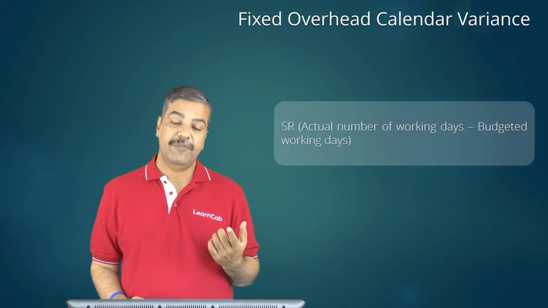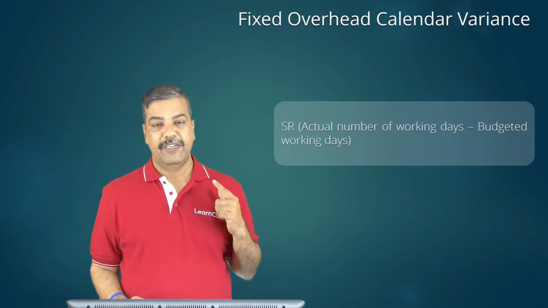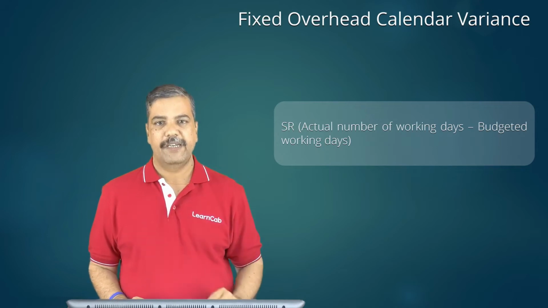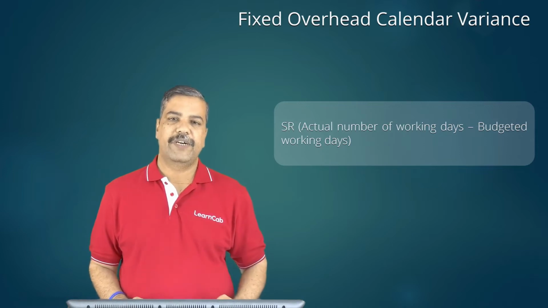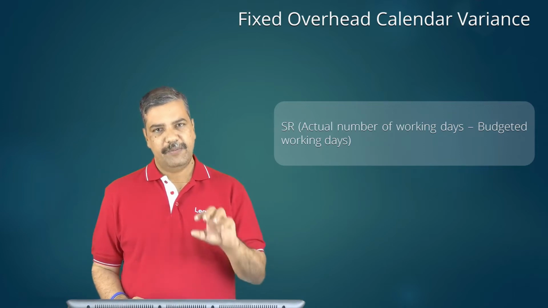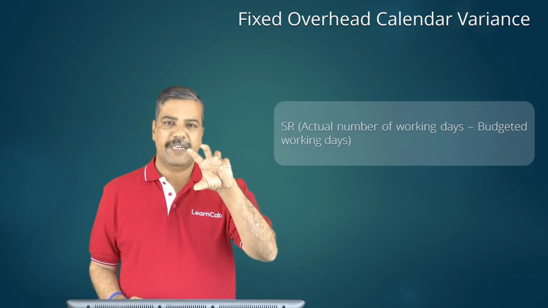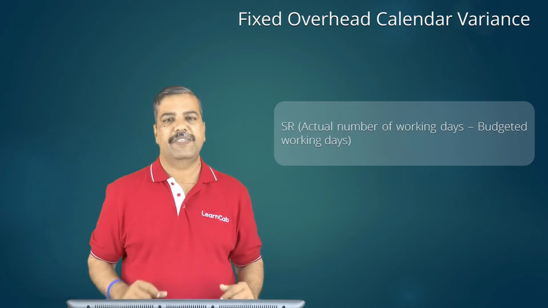So is there any possibility of negotiation if I can save some time on that? That is one important, vital decision you will be taking by doing this variance analysis of fixed overhead calendar variance. It is basically to bring down the time factor. If I can bring down the time factor, is there any possibility for me to negotiate on the payment of fixed cost?